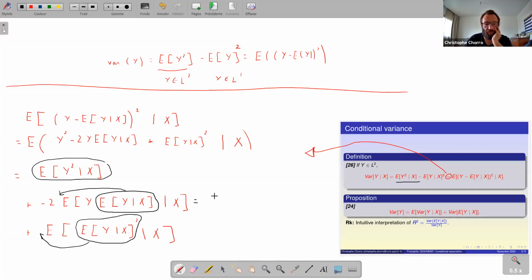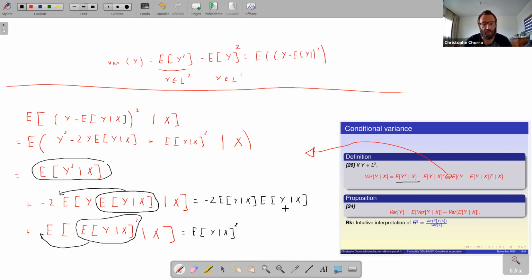So this term is in fact equal to minus 2 conditional expectation of y given x multiplied by the conditional expectation of y given x. And here I obtain the conditional expectation of y given x squared multiplied by the conditional expectation of 1.